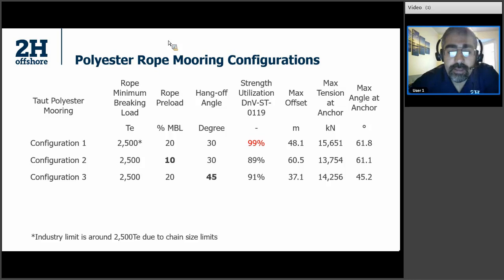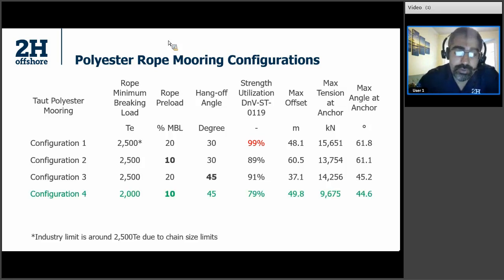And if we take advantage of reduced preload and also the increased hang-off angle, we can actually reduce the strength requirement for the polyester to 2,000 ton with 10% MBL and 45 degree hang-off angle, and we can have a working solution at utilization around 80%.